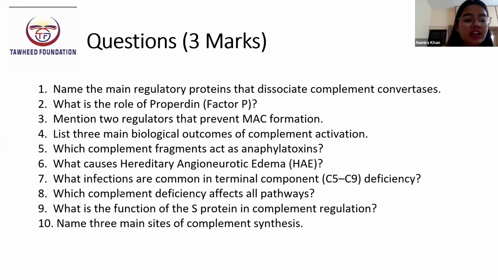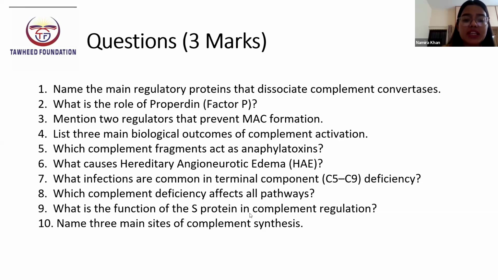Deficiency of C1 inhibitor, that is C1-INH, causes hereditary angioneurotic edema. Seventh, what infections are common in terminal component, that is C5 to C9, deficiency? Recurrent Neisseria meningitis and Neisseria gonorrhea infection. Eighth, which component deficiency affects all pathways? C3 deficiency will affect all pathways.